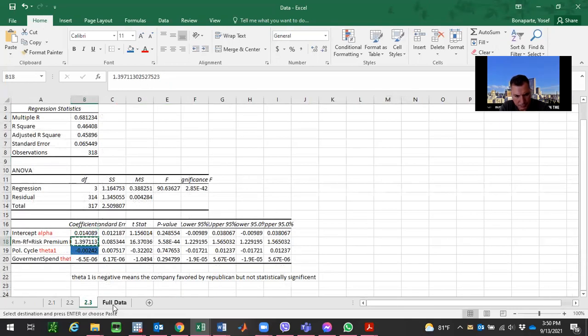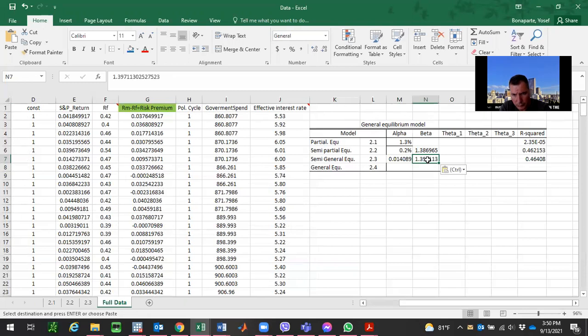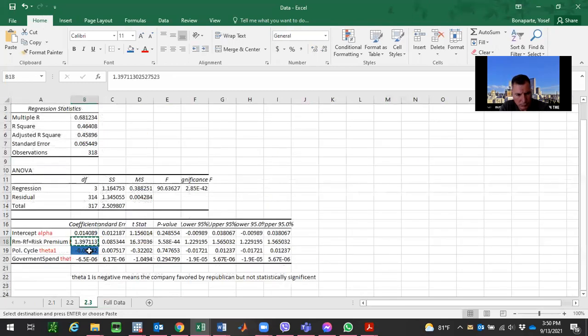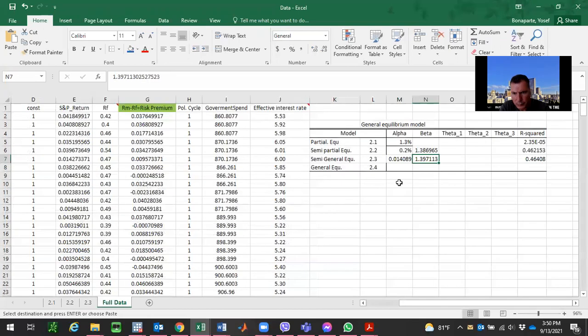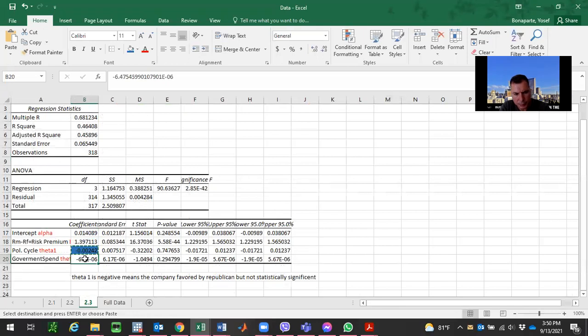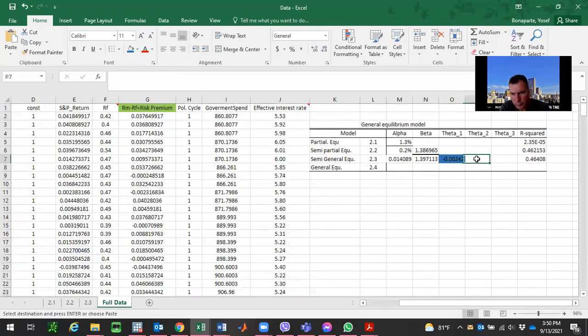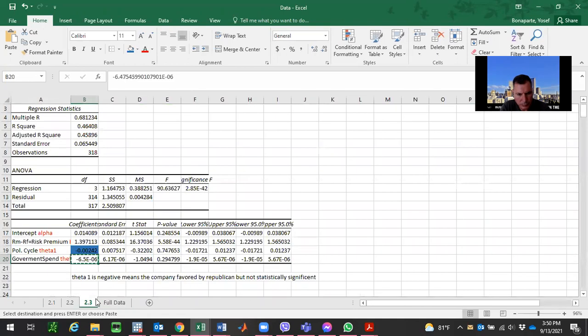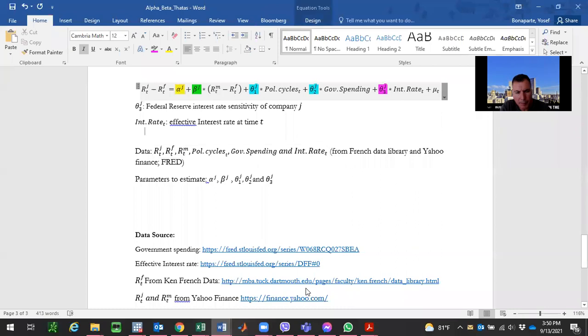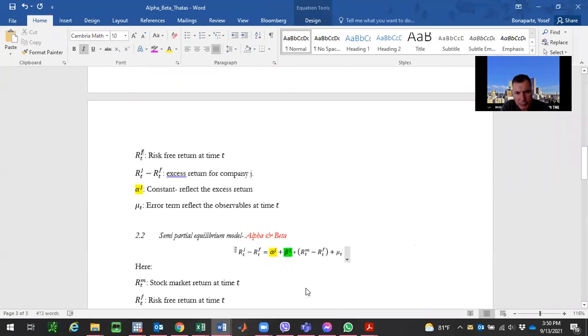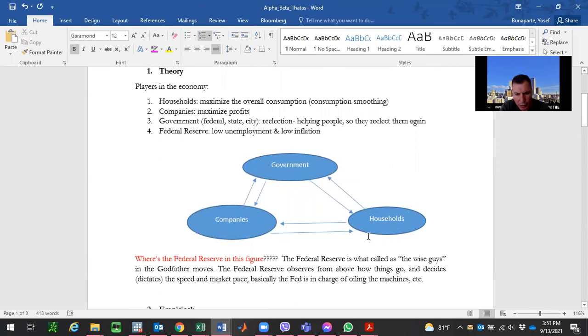That's beta. That's theta 1. And that's theta 2. Notice political cycle and government spending don't matter here. The T-stat is still for the market, the household. So this company's profit mainly comes from business with households.